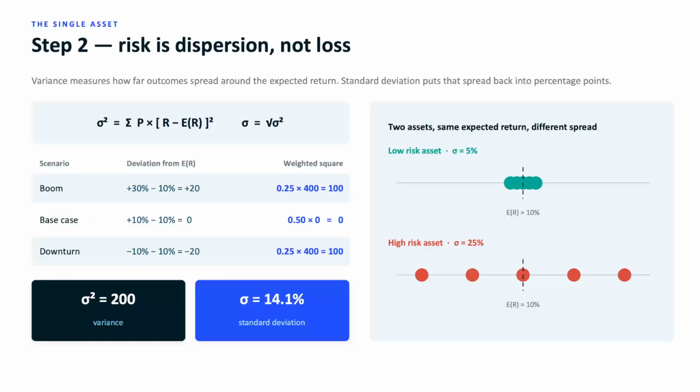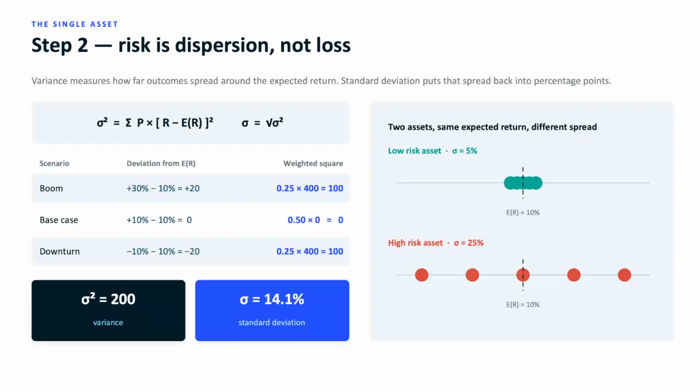It is the spread of outcomes around the average, and that means an unexpectedly enormous gain also counts as risk. This might sound very counterintuitive, and it feels strange if you are being introduced to portfolio management for the first time, but an unexpectedly enormous gain could also count as risk.